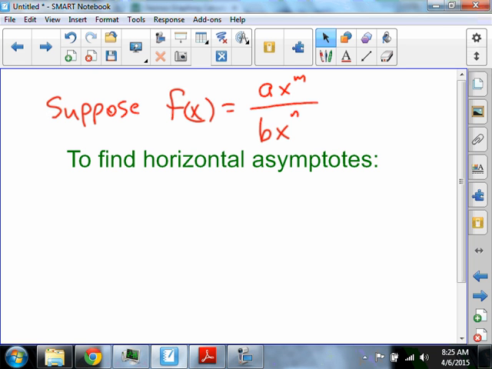In the event that the degree of the numerator is greater than the degree of the denominator, in that instance, there's not going to be a horizontal asymptote. Okay, if the degree of the numerator is bigger than the degree of the denominator, there's not going to be a horizontal asymptote.